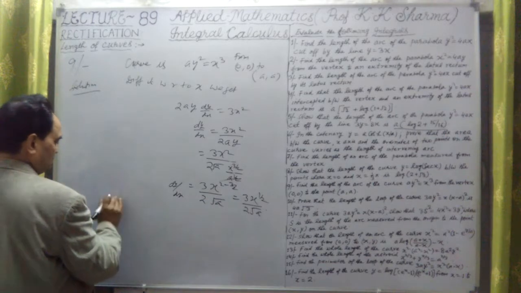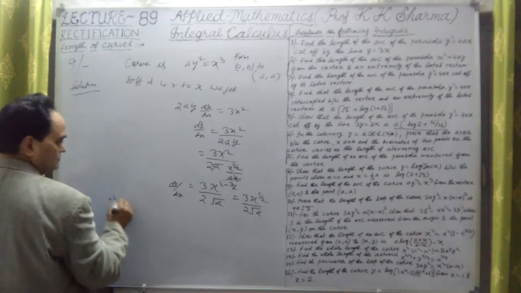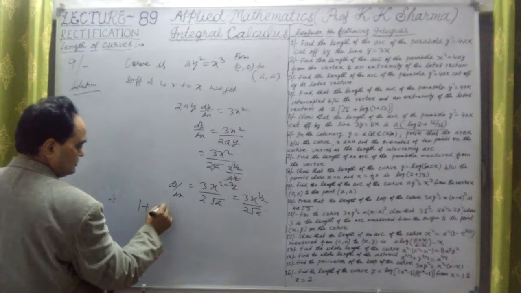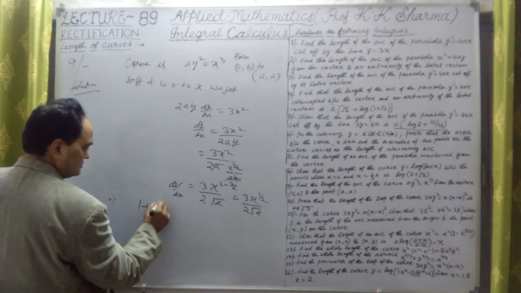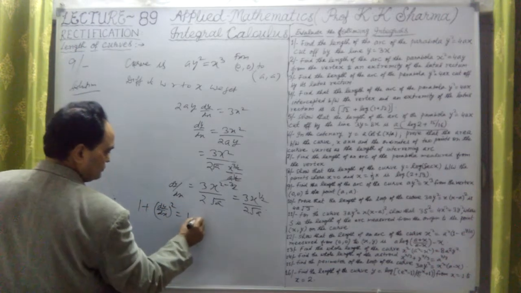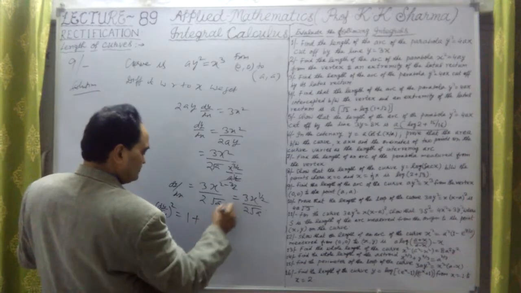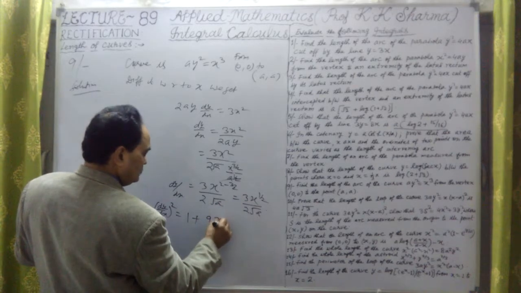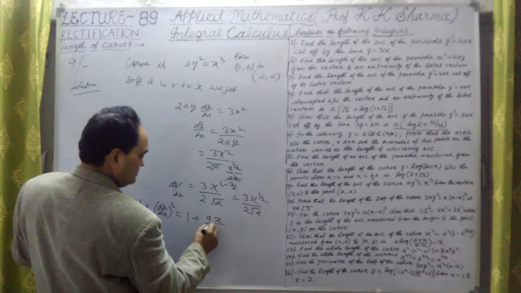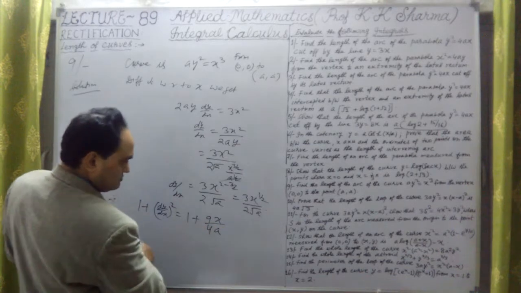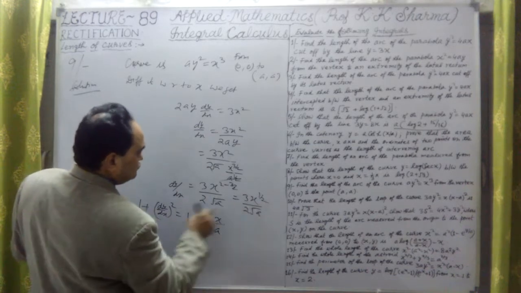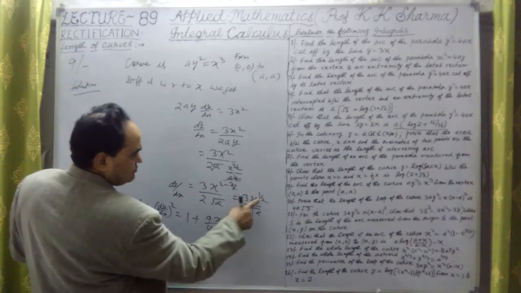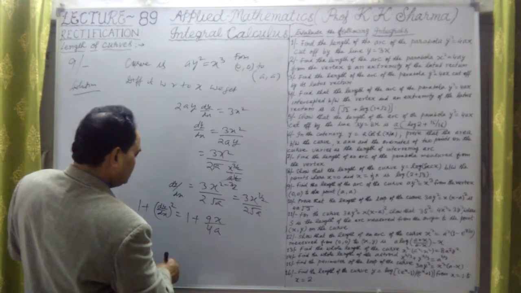Therefore, 1 plus dy by dx whole square is equal to 1 plus the square of this, which is 9 into x divided by 4 into a. Here x is also under a square root, so both square roots cancel out.